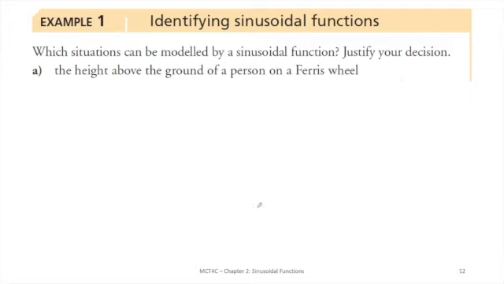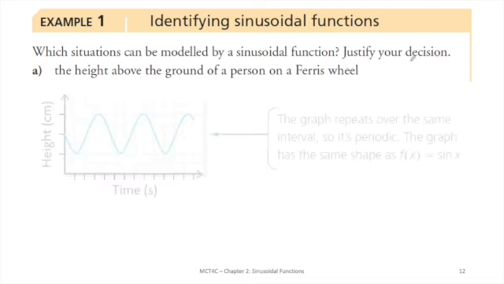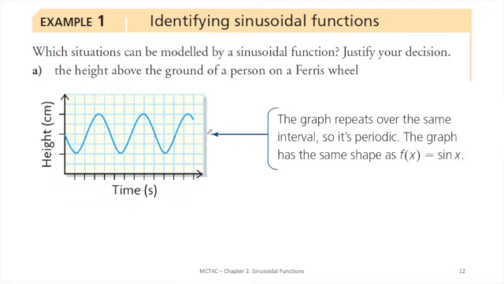Okay, we're just going to get into a couple of examples of how we are able to identify sinusoidal functions. Okay, so it just says which situations are sinusoidal, and then justify your decision. So the graph repeats over the same interval, so it doesn't even really have time, but it's going to repeat and repeat and repeat. Okay, so it's periodic, so you know that it's going to continue repeating.